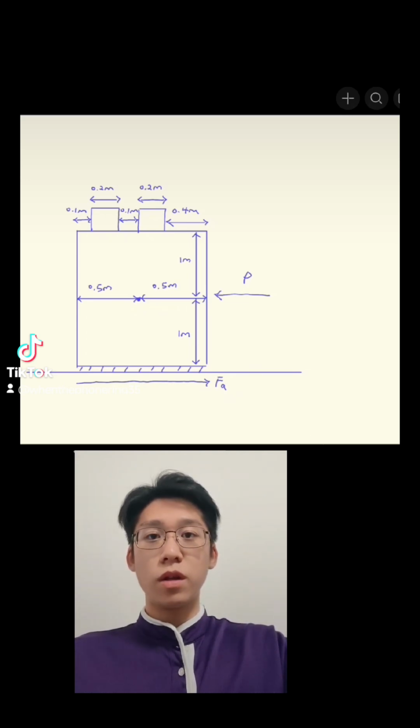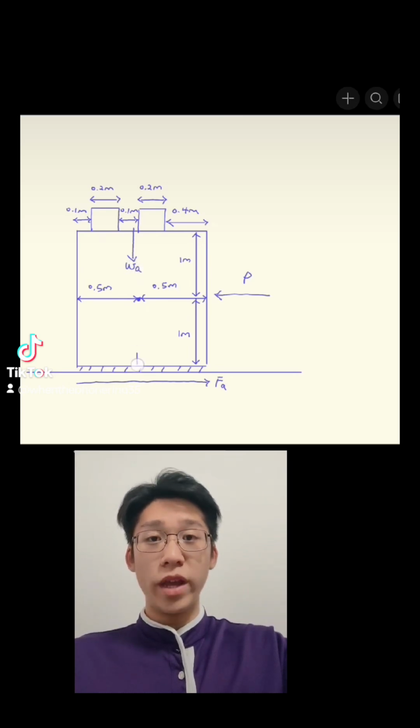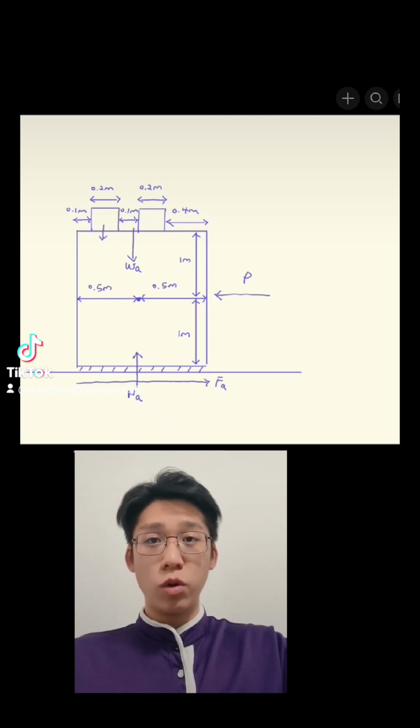We will also label the wardrobe weight as WA, which is downwards, and when there is weight downwards, there will also be a normal force acting upwards. The two boxes will be labeled each as WB and WC.